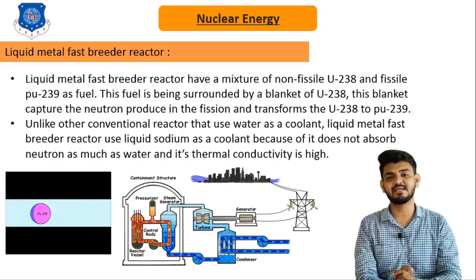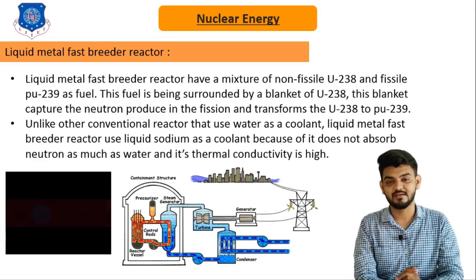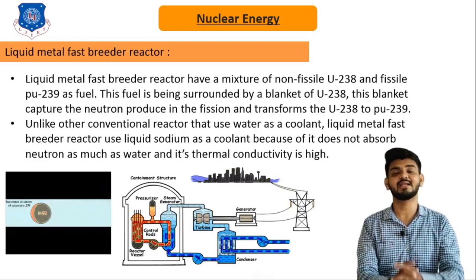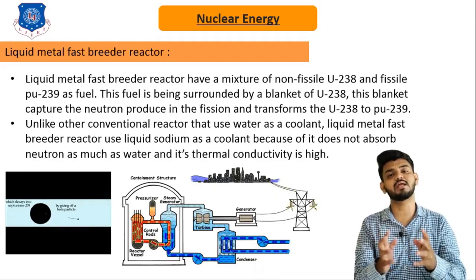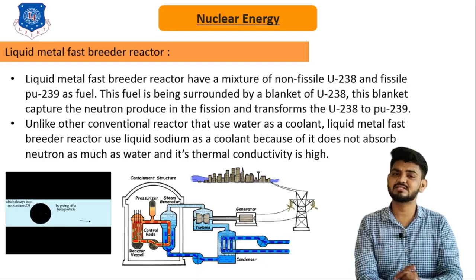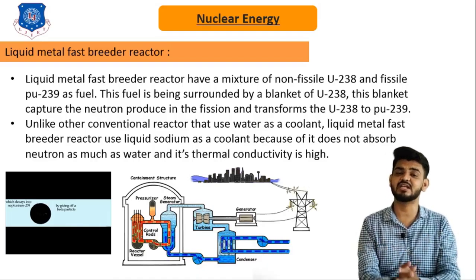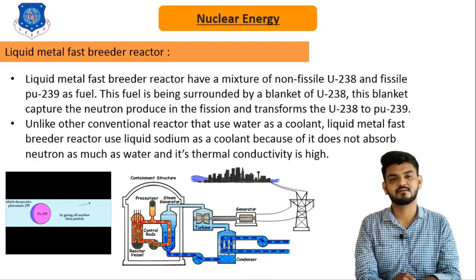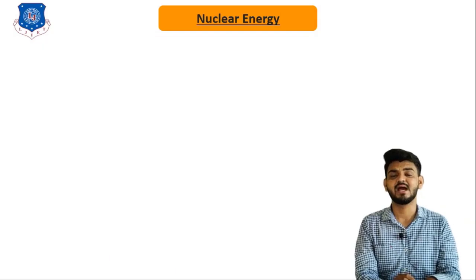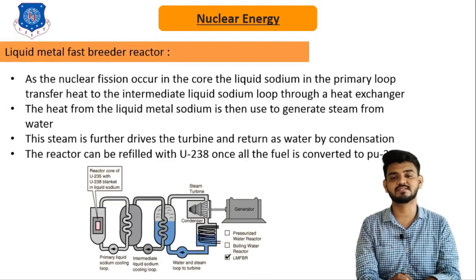The heat energy is now utilized to heat up the liquid metal, and this liquid metal is then sent to the secondary loop, in which it turns water into steam. This high pressure steam then runs the turbine and generator section in the usual manner in order to produce electricity. So now let's see how this typical liquid metal fast breeder reactor works.